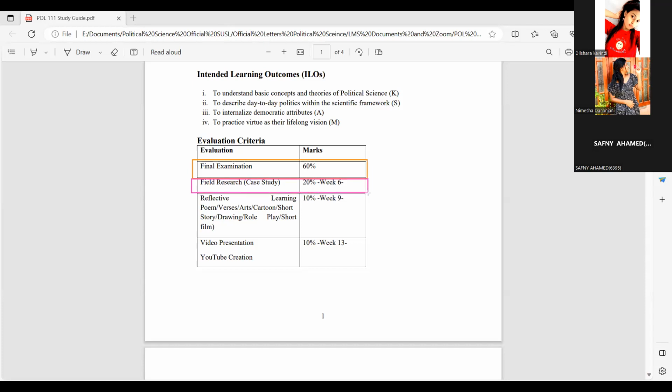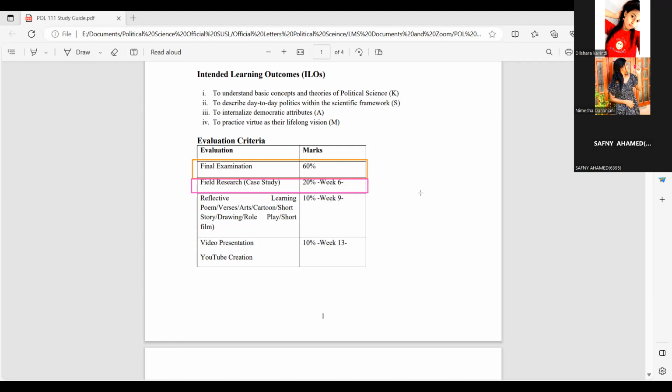In this course, we are going to talk about a number of concepts and theories, maybe social justice, democracy, right? After studying all these concepts and theories, we can have sound knowledge about these things, the modern development of democracy and the concept of social justice and so on.